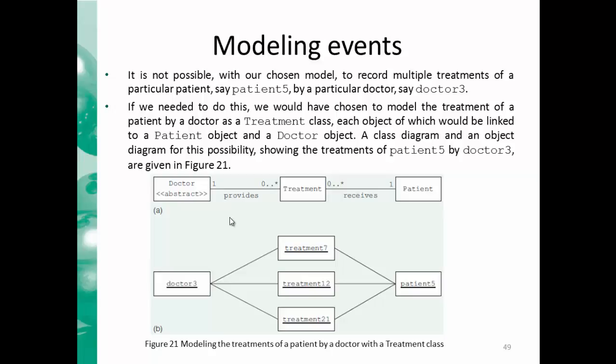But in our hospital system, we have no additional information required for treatment, for example, how many times it can be done, when it is done, and so on. And since this additional information is not needed, we don't represent it in the hospital system as a class, we just represent it as an association.